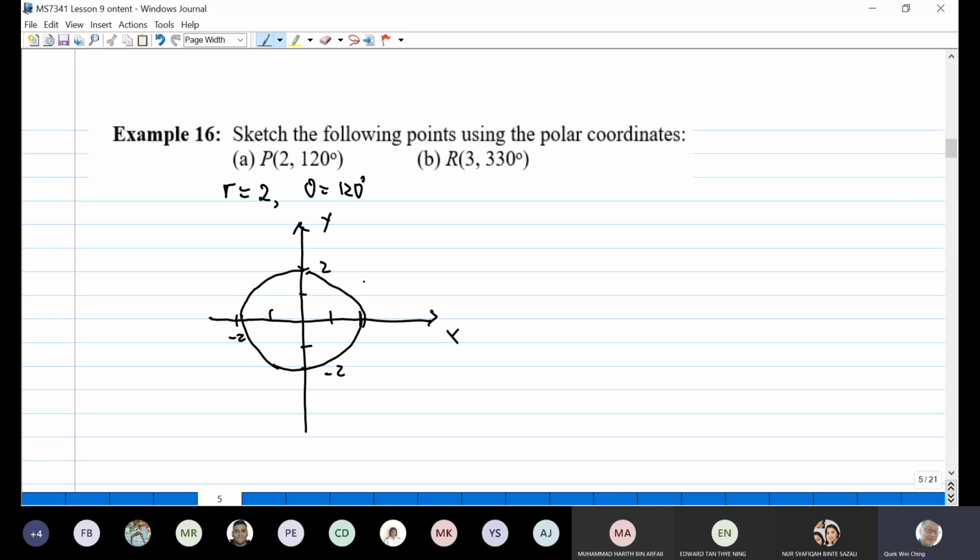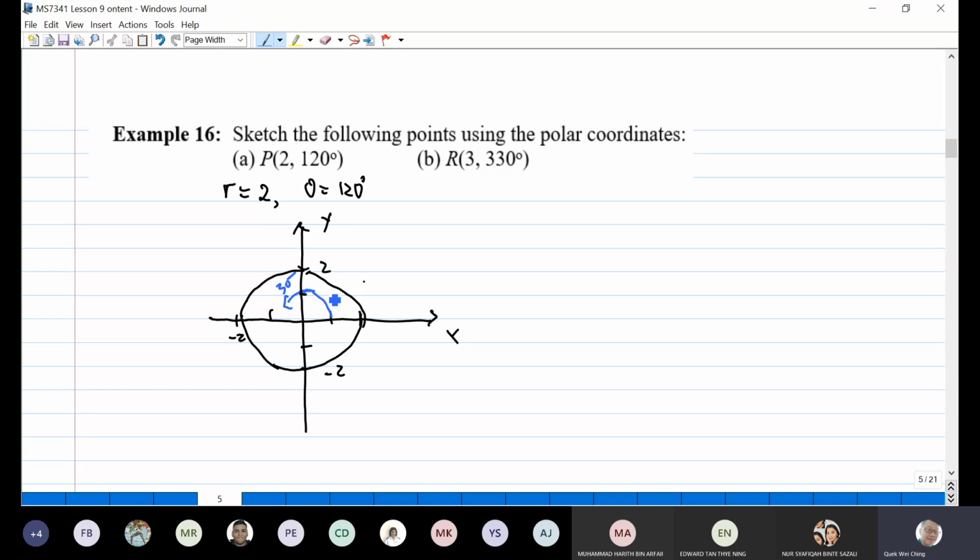So this is 2 first, and then you try to find the direction 120. I use another different color. So you measure from the positive x-axis, right? You measure it. This is 90, then another 30. So this is 30 now.